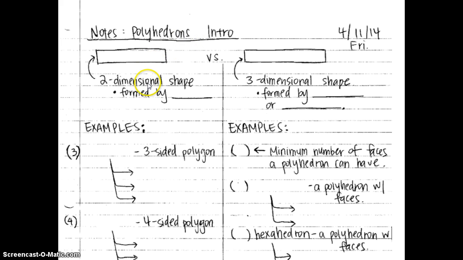So what is a two-dimensional shape called? That two-dimensional shape is called a polygon. As opposed to now we're entering a three-dimensional shape, and lo and behold, it is a polyhedron.